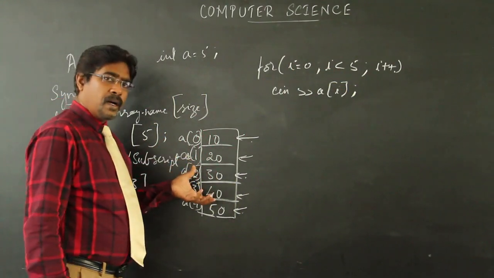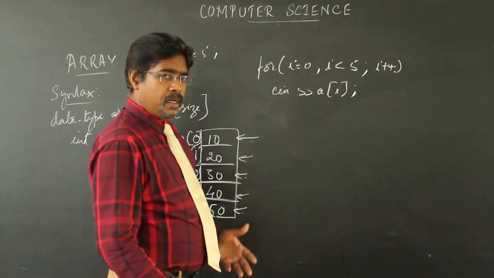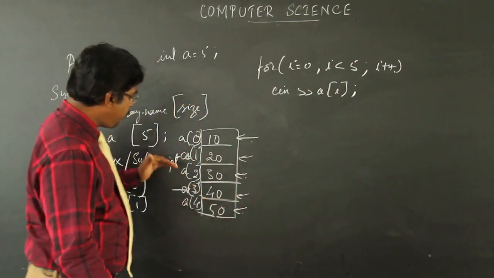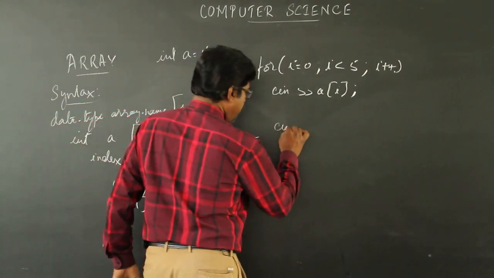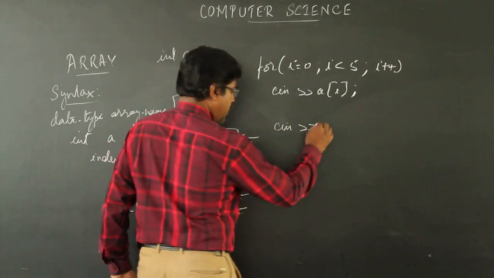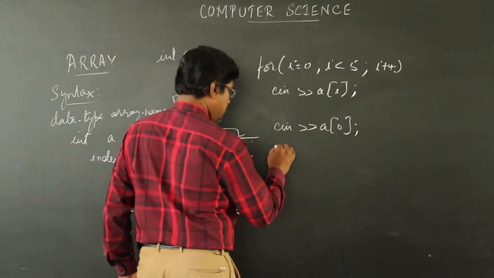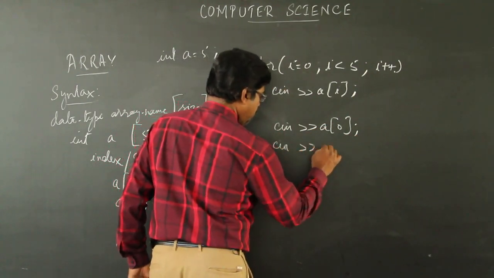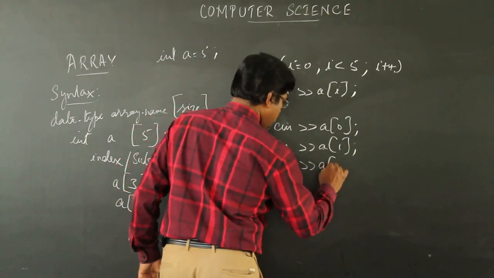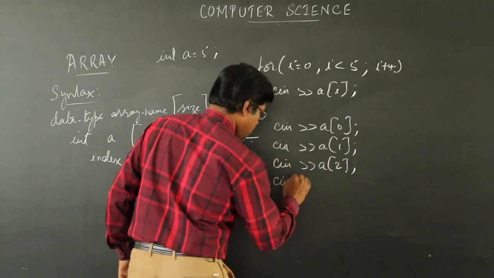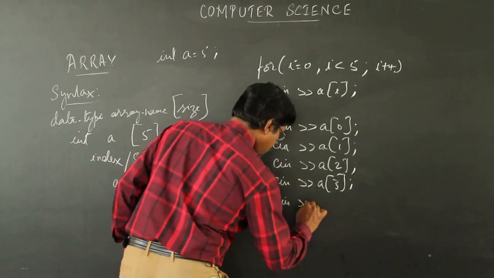Whenever we work on an array, we may wonder why we need to use a for loop. Let me take it otherwise. Since we are going to take 5 elements in an array, let me use 5 cin statements. cin operator A of 0, cin operator A of 1, likewise cin A of 2, then cin A of 3, then cin A of 4.